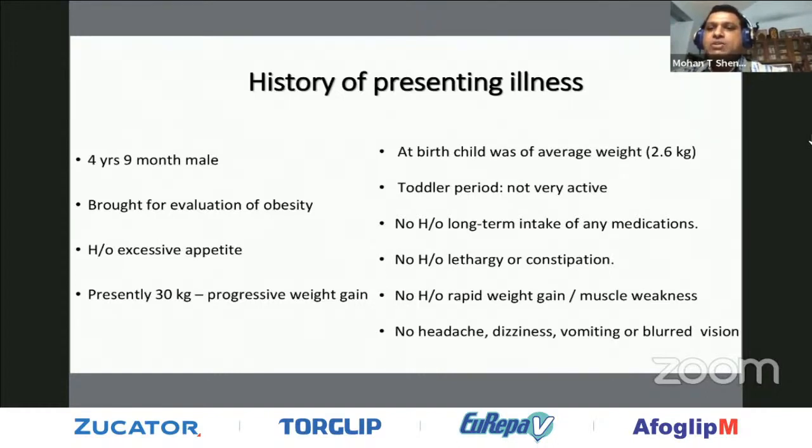One point to be noted is that the mother says he was very inactive in the toddler period itself. There is no history of any long-term medications, no history of lethargy or constipation. Rapid weight gain over a very short duration was not there; it was progressive. No CNS sequelae markers detected.